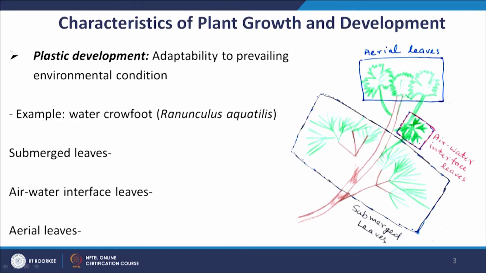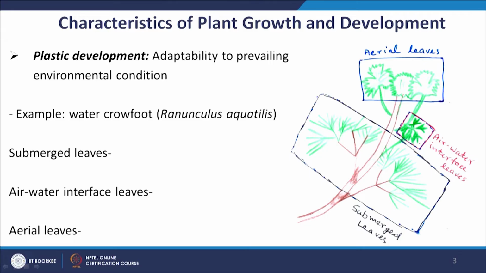If you look at water crowfoot, which is an aquatic plant, it grows in such a way that a portion of the plant is submerged in the water, a portion is at the surface or at the interface of water and air, and a certain part of the plant is aerial, outside the water.